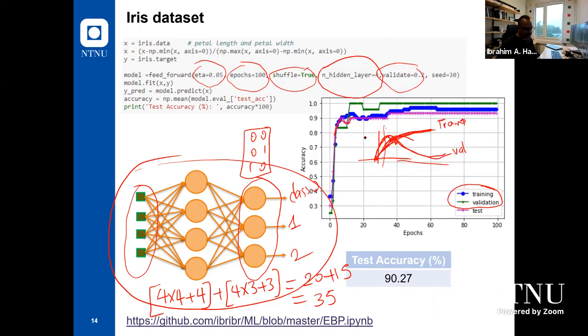Yes, because we have the peak here and it started to go down now, right? If you can stop at the peak or close to it, it will be fine. But at the cross point the situation is very bad because it's going down anyway. So when you feel that the validation accuracy started to go down, you need to stop some epochs before, maybe 2 epochs before or something.